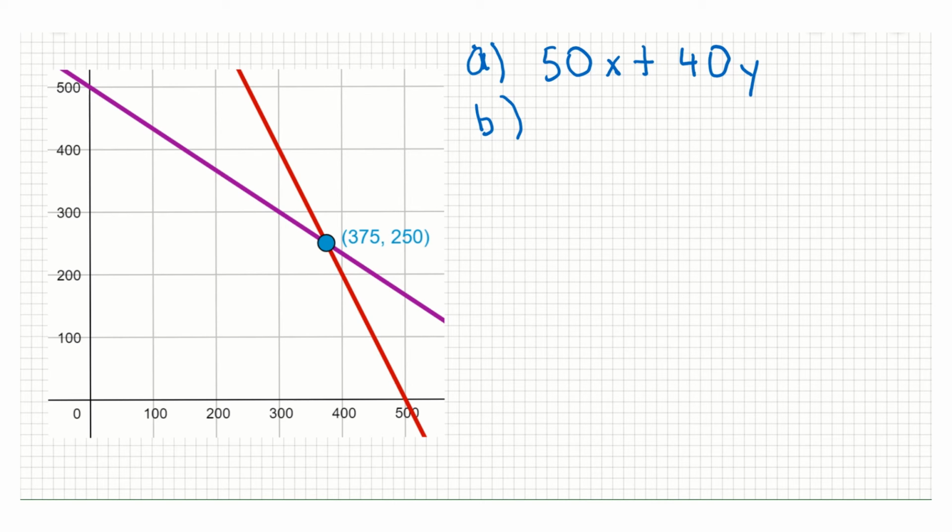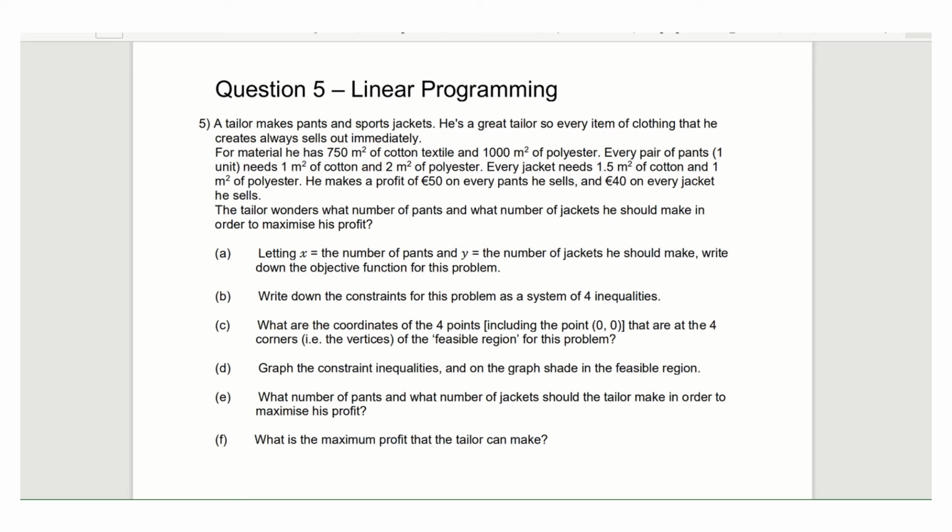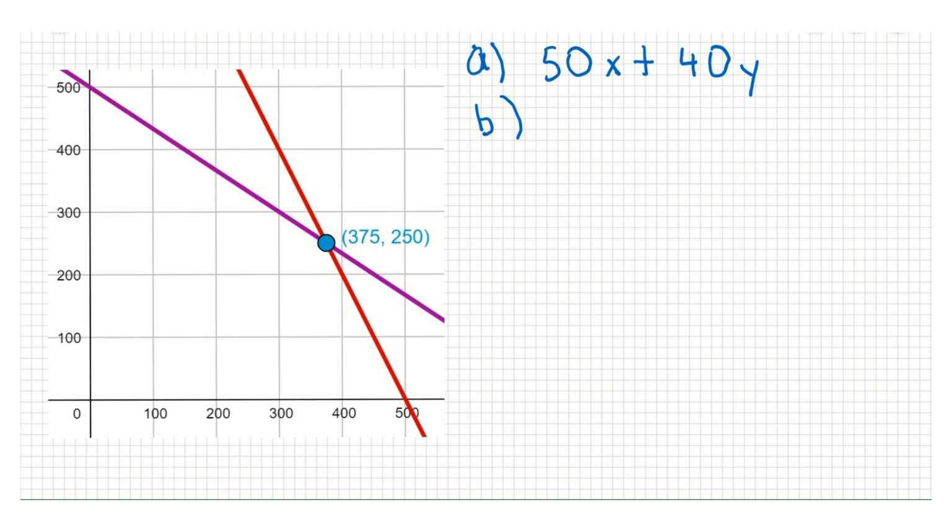asked us to write down the constraints for this problem as a system of 4 inequalities. So I think the constraints were the 1 meter squared by the number of pants plus the 1.5 meter squared of cotton by the number of jackets, and that has to be less than or equal to 750 meters squared, which is the amount of cotton.